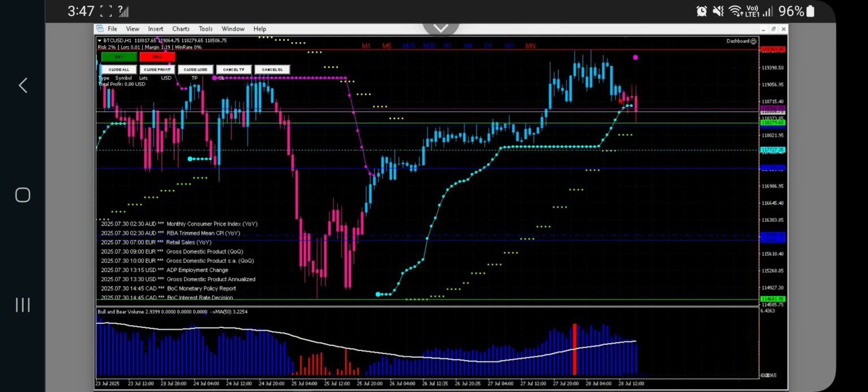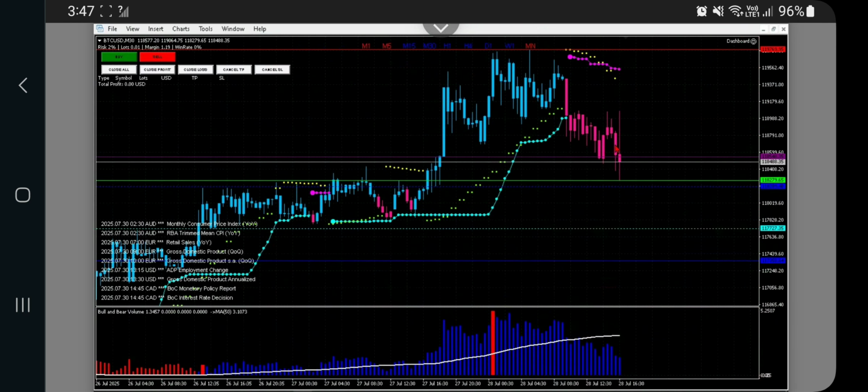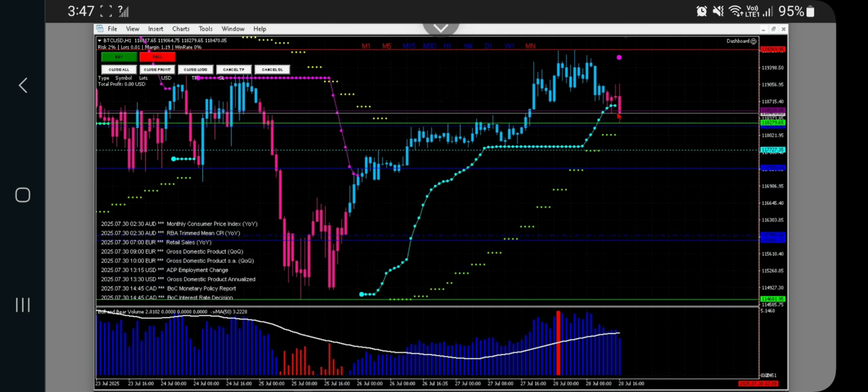Okay, there we go, so that one formed lower. Yeah, we already have a confirmation there. Once this one confirms as a big candle, essentially it confirms that the sell is in effect and that we will be moving lower.